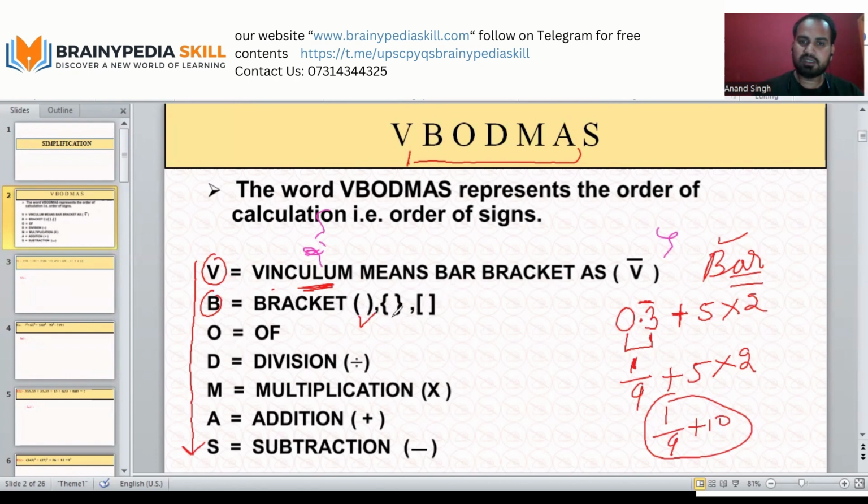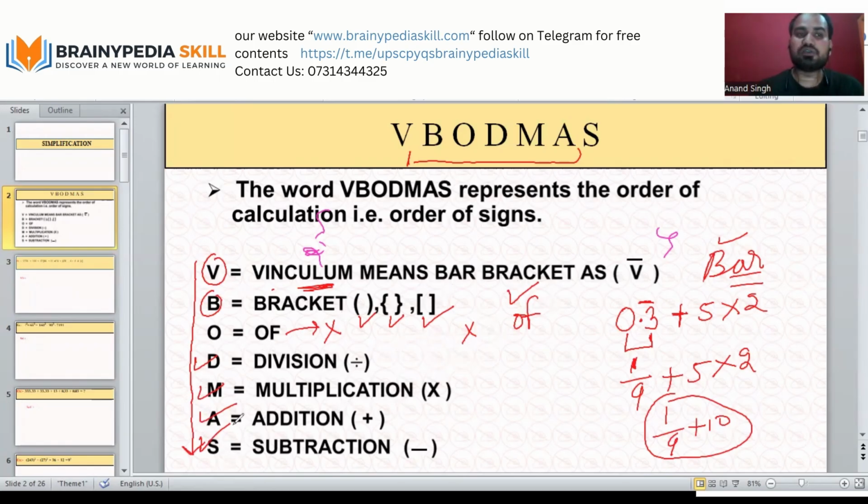First, we have to solve this one, and then after this one, right? Of is nothing but multiplication. So between multiplication and of, the first priority we have to give to of. Then we have division, then multiplication, then addition, and then subtraction, right?